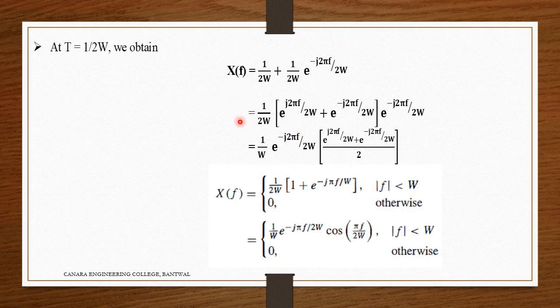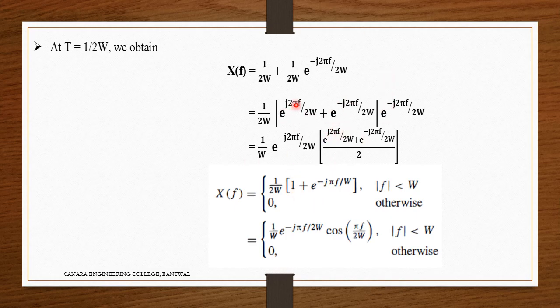I am taking out all common terms outside. So what remains is e raised to j 2 pi f divided by 2w plus e raised to minus j 2 pi f divided by 2w, into e raised to minus j 2 pi f divided by 2w. It should be 1 here, but when you multiply this and this, it will become 0 here, and this will be the same.